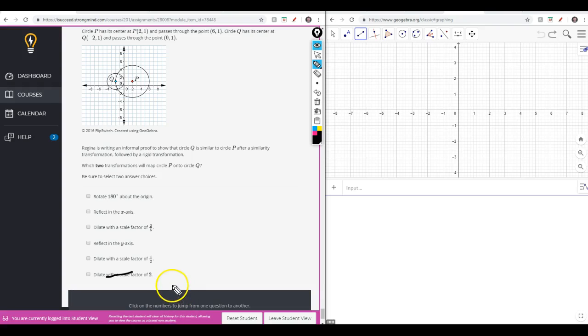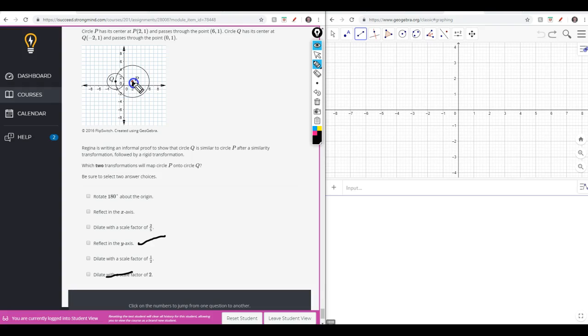And then I'm also noticing that circle Q ends up being on the opposite side of the y-axis, so that's going to give me a clue that it is reflect in the y-axis. If it was a reflect in the x-axis, the center of point Q would be the same distance away from the x-axis on the opposite side.